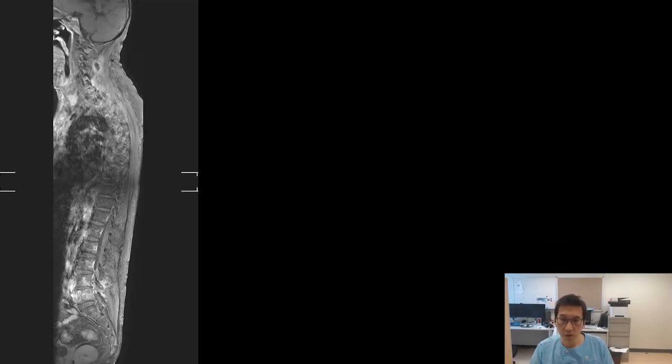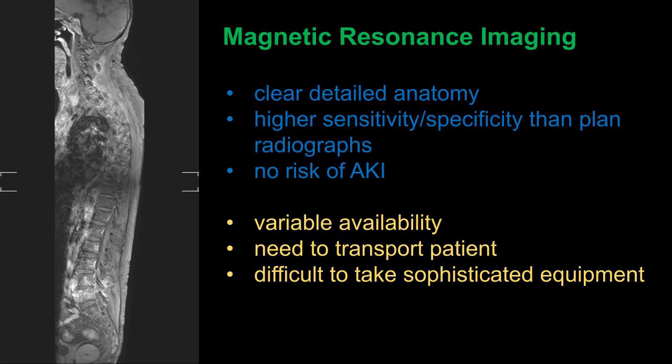So other modalities which are also extremely helpful in looking at the anatomy are magnetic resonance imaging, MRI. And so again here, similar to CT, it can provide very clear, detailed anatomy. It's got a much higher sensitivity and specificity, again, compared to radiographs. And unlike CT, there's no risk of radiation.